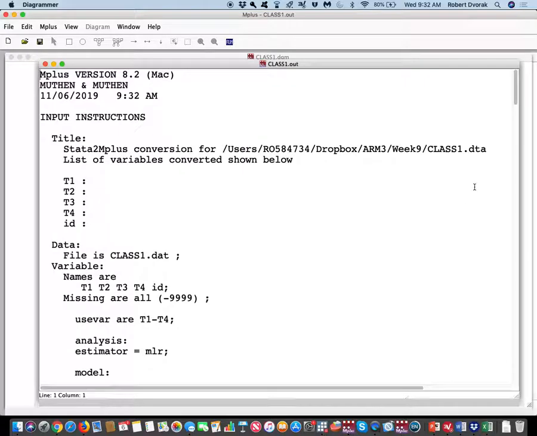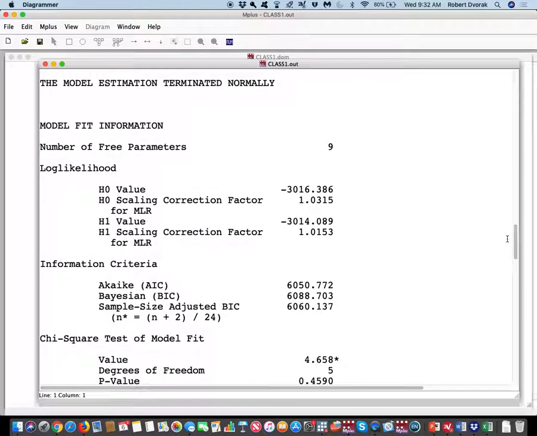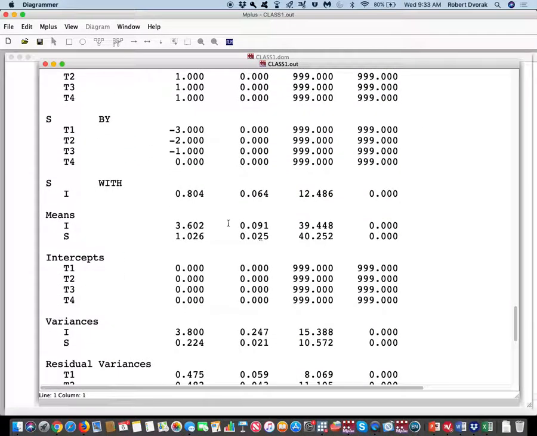So we said the intercept should be about 3.6. And as we scroll down here, our model fit is exactly the same. Intercept 3.602, that is wonderful. So everybody understand what's going on with the intercept at this point? When you code the time as 0, then it will make your intercept be whatever that 0 group is within the slope, right?